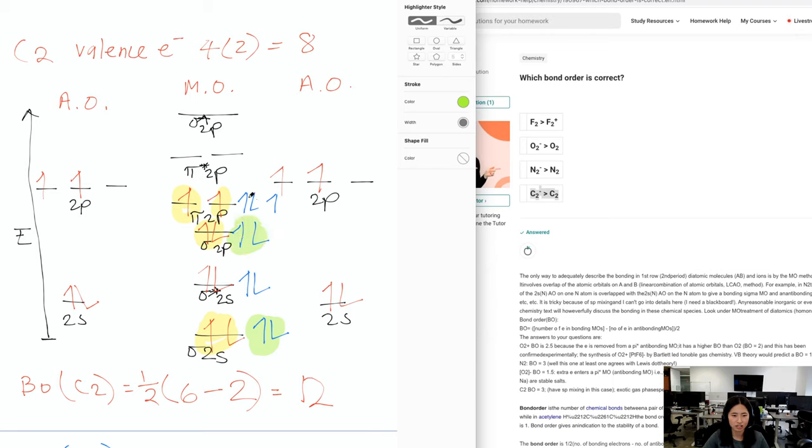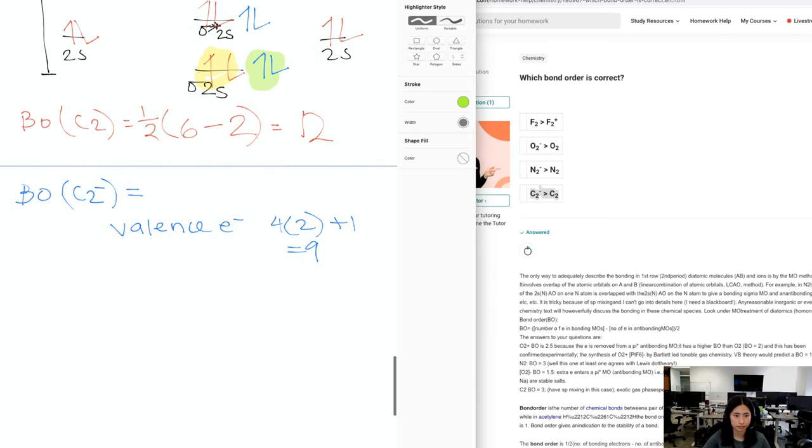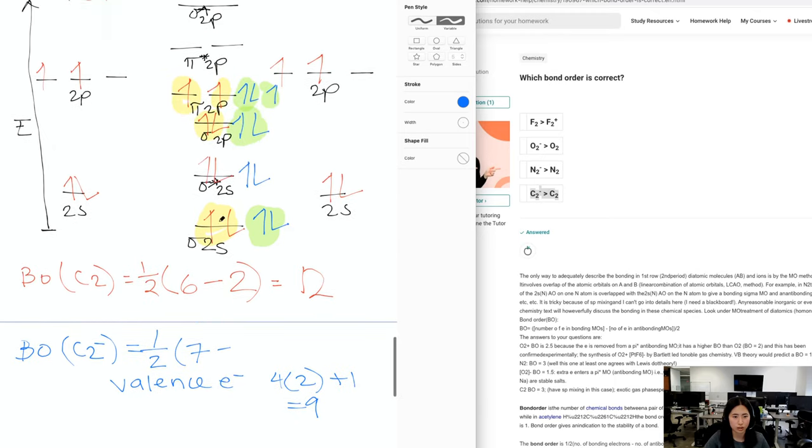So that's in green. 4, 6, and then you have 7. So the number of electrons in your bonding orbital is 7. So 1/2 times 7, then you have minus anti, so anti electrons, there's 2. So that's 5 divided by 2, which is equal to 2.5.